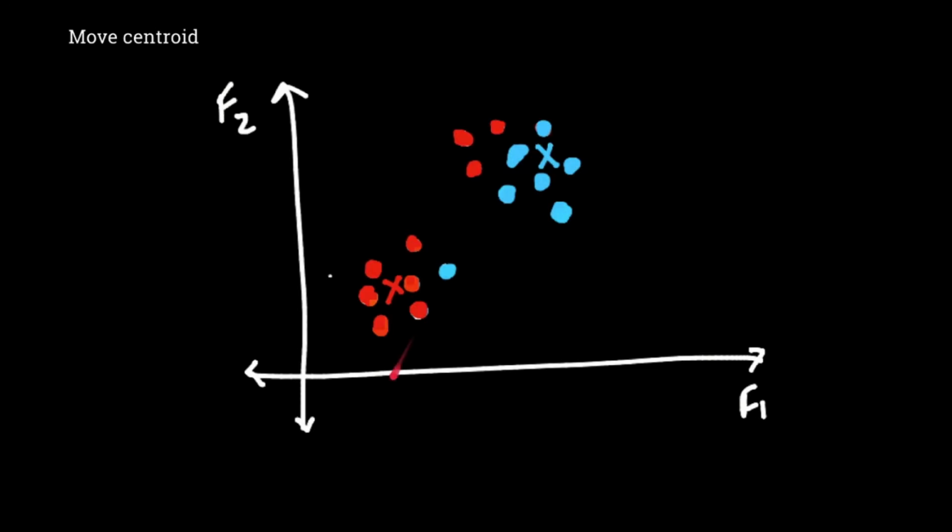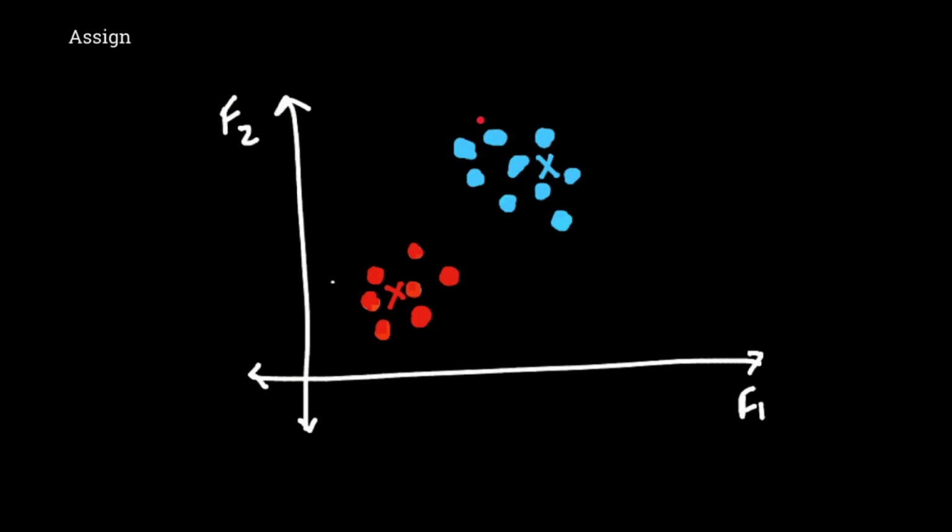Your red cross moved to this point because that's where most red points are. Your blue cross moved inside over there, because that's where all your blue points are. But there is just one point which is mislabeled over here, and there are these 3 points over here. Next time when they ask this question to themselves, where am I closest to, they'll end up falling in the right cluster again.